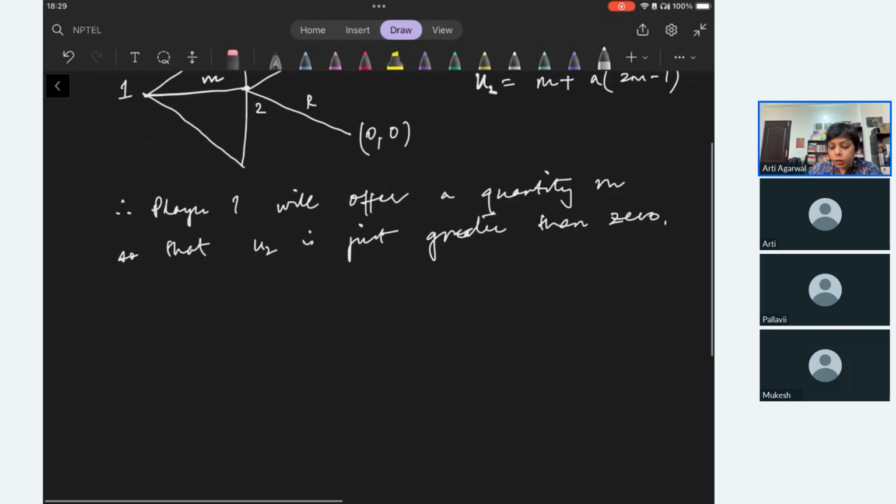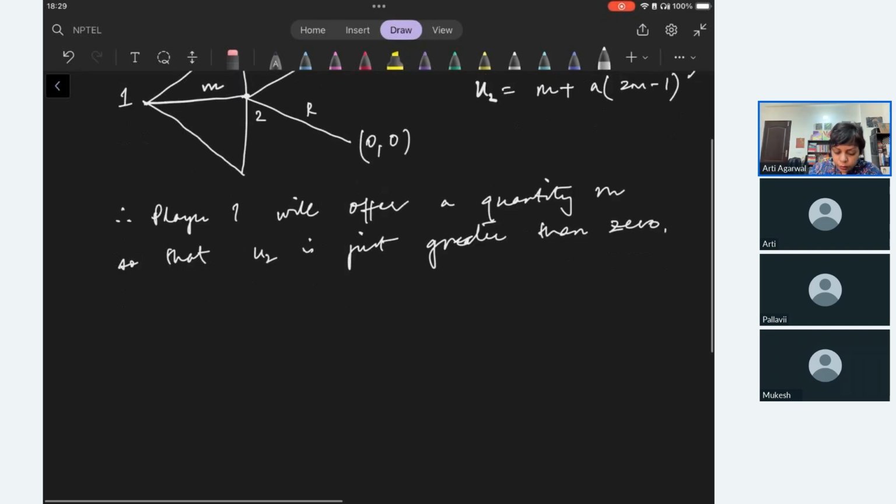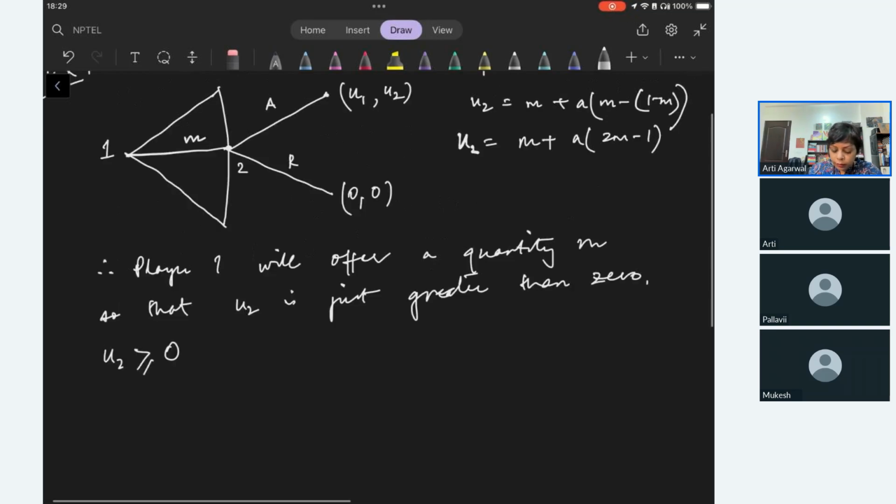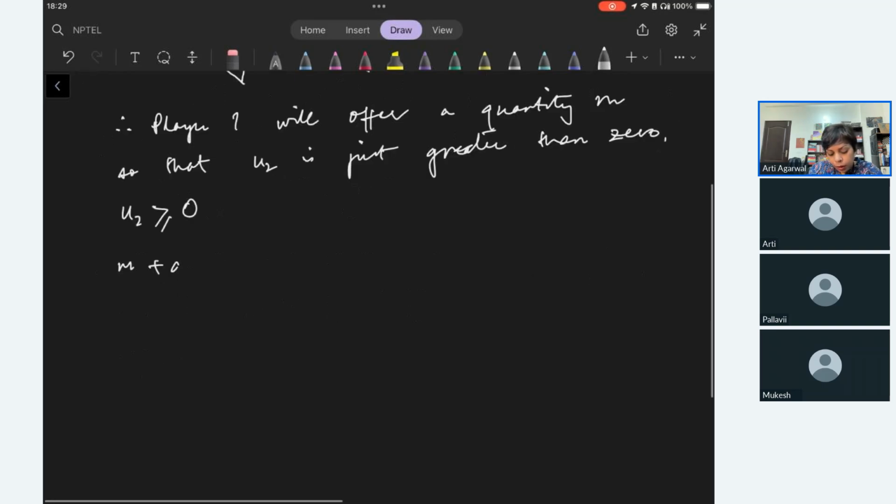So we get u2 greater than or equal to 0: m plus a into 2m minus 1 is greater than or equal to 0.